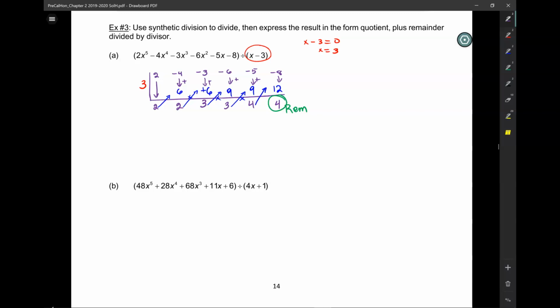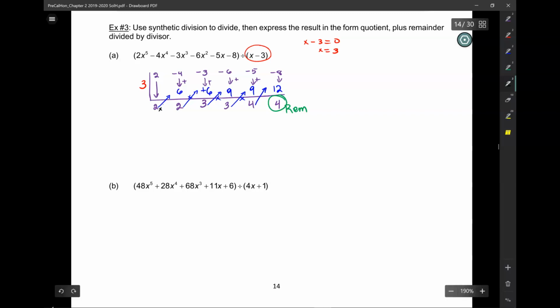So if my dividend, whatever the degree of the dividend was, when you do synthetic division, the degree goes down by 1. So if it was x to the 5, now it's going to be x to the 4.